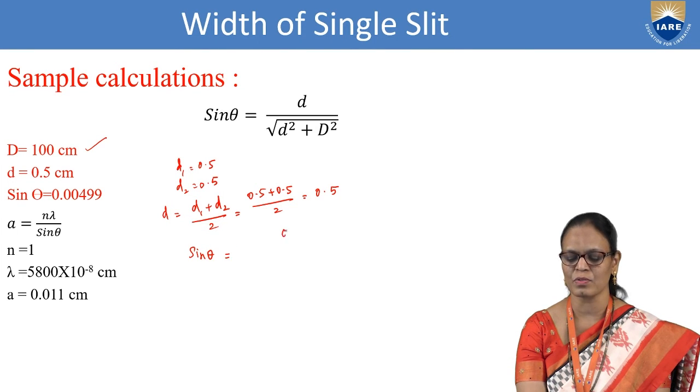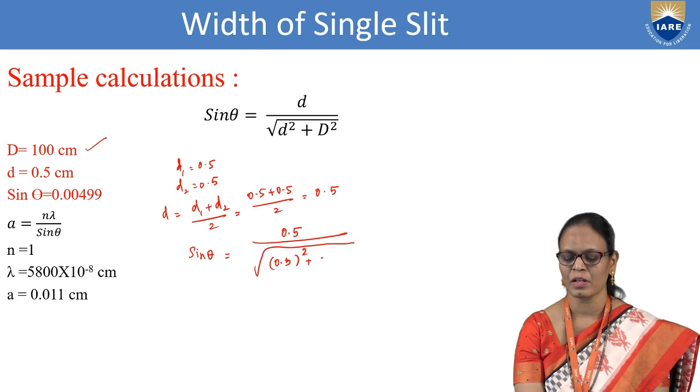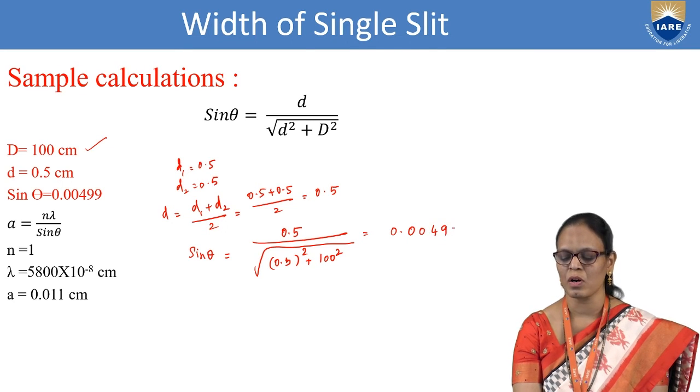Sine theta is equal to 0.5 upon root of 0.5 square plus capital D, which is 100, square. So we get the value as 0.00499, or we may also write it as 4.99 into 10 power minus 3.